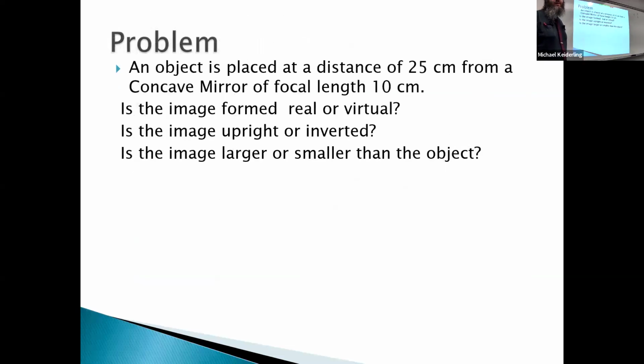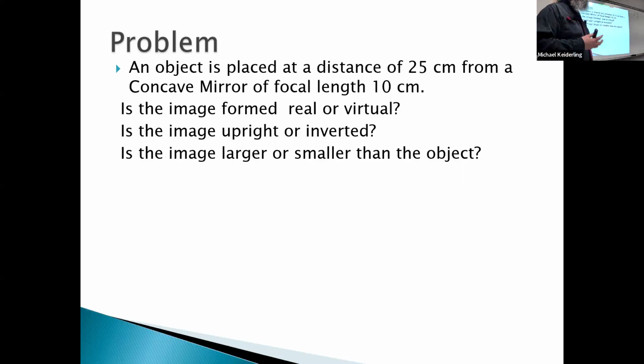So here, an object is placed at a distance of 25 centimeters from a concave mirror of focal length 10 centimeters. Would you expect the image to be formed real or virtual, upright or inverted, or is it larger or smaller than the object? Well, this has a focal length of 10 centimeters, so the distance to its center of curvature is 20 centimeters.